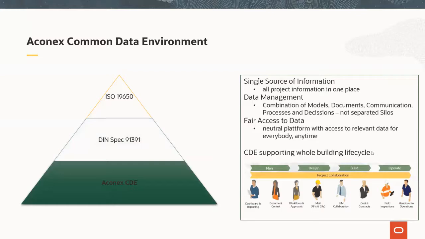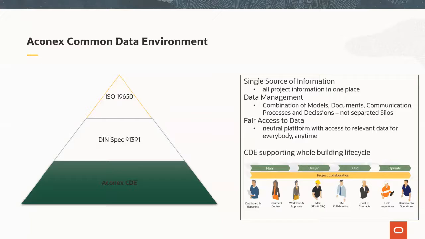Now, if we talk precisely about the Aconex common data environment, Aconex is a single source of information. All the project information is in one place. It's about data management. So it's not only about models, but rather a combination of models, documents, communication, especially processes and decisions. So everything on a project is stored in one place, not in separate silos.